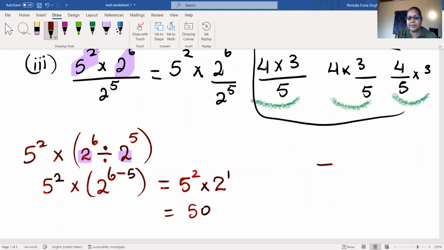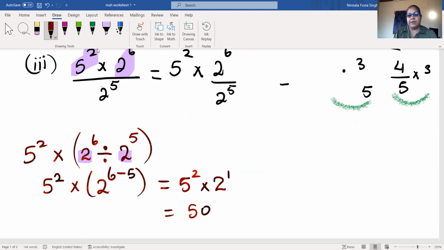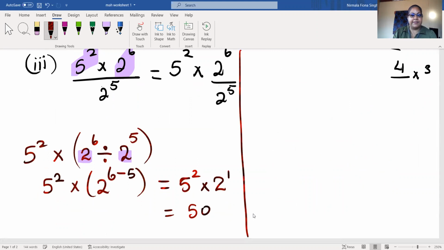Let me go through that real quick now that you understand all the basis behind it, for those who still have to grasp it. So I have 5 squared multiplied by 2 to the 6 over 2 to the 5. Since this is a multiplication term, I can break it up into different terms because of the commutative law.